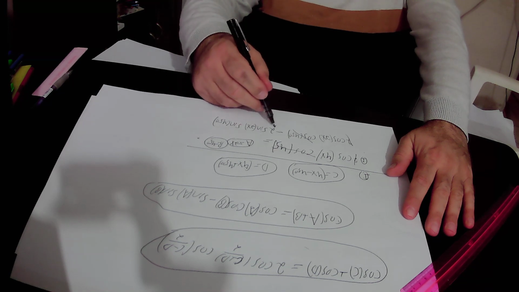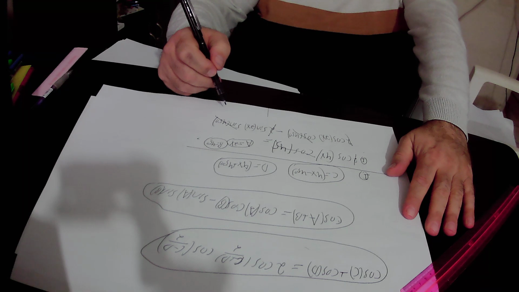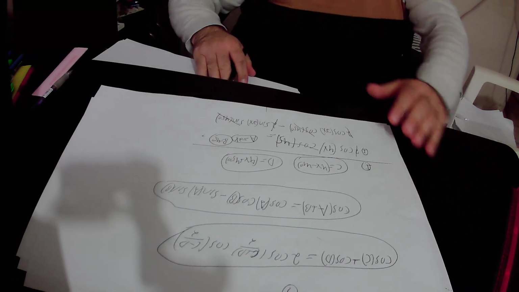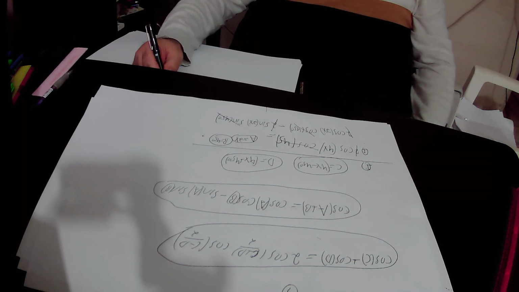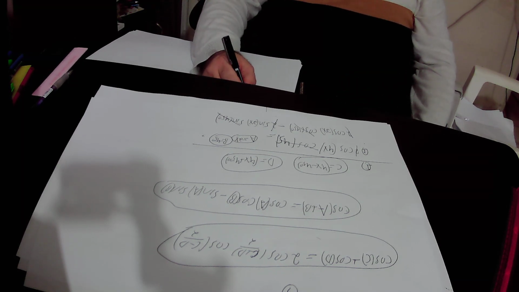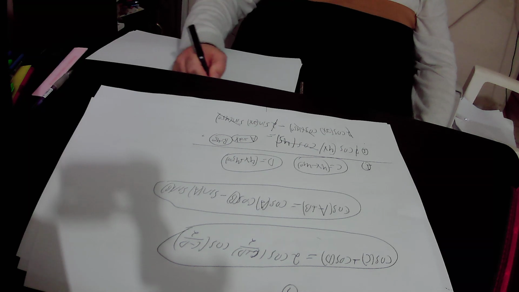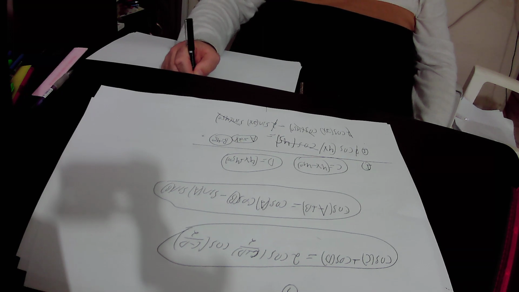And here we will cancel 2 sine 45 degrees because cosine 45 degrees equals sine 45 degrees. And we will get that according to equation number 1, cosine 4x equals cosine 2x minus sine 2x.